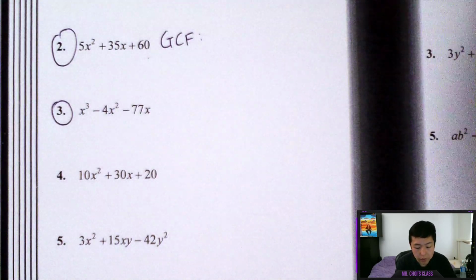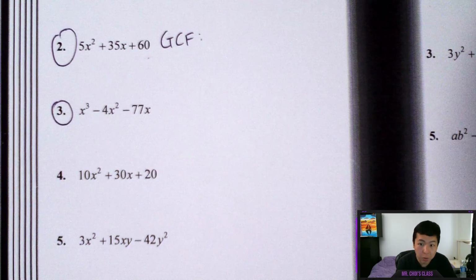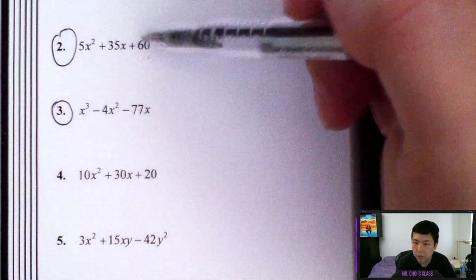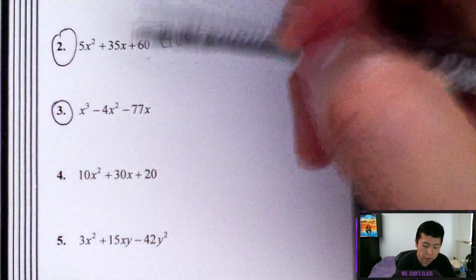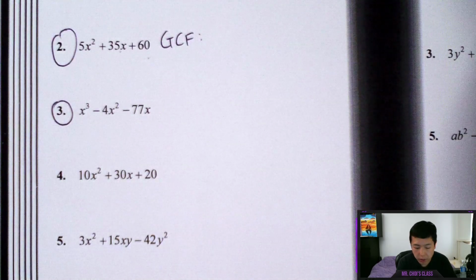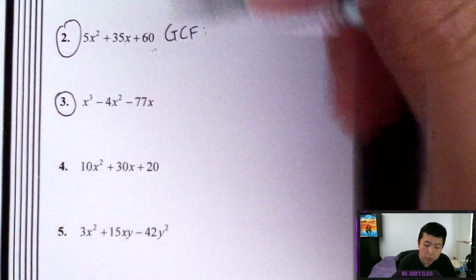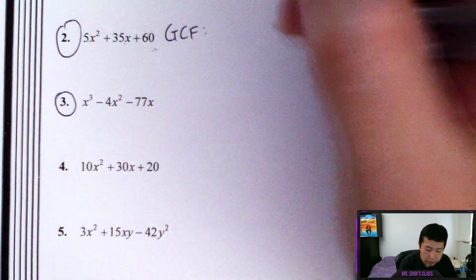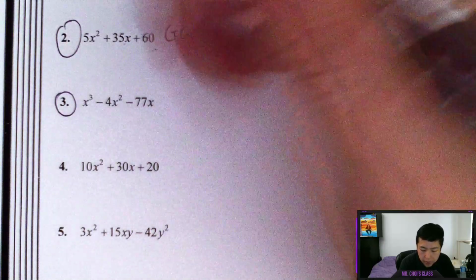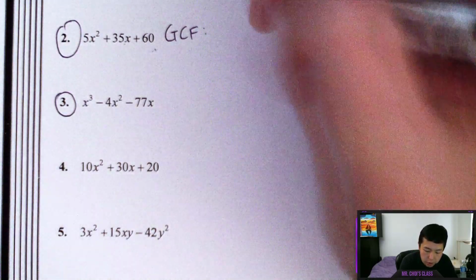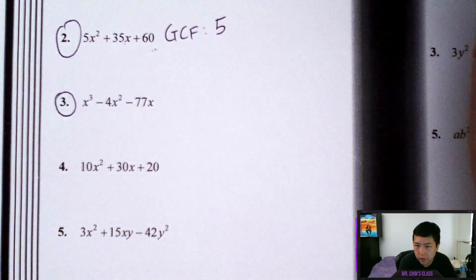So if 1 and 5 are my factors, I can't use 1, so I'm going to check, are the other numbers divisible by 5? 35, yes, you can divide by 5. 60, yes, you can divide by 5. So when we divide these by 5, 35 divided by 5 and 60 divided by 5, we should get our answer. So we know that GCF is 5.